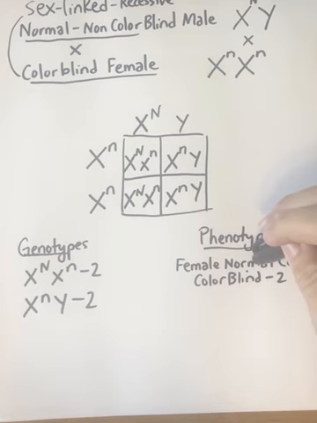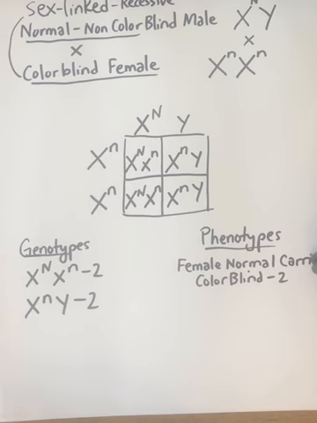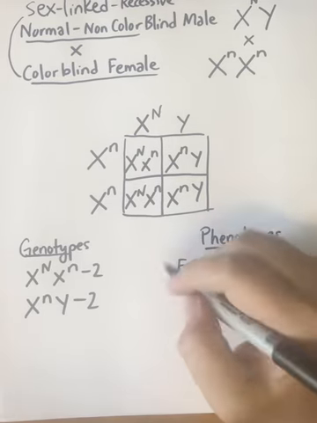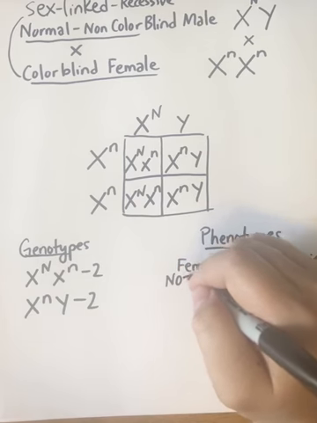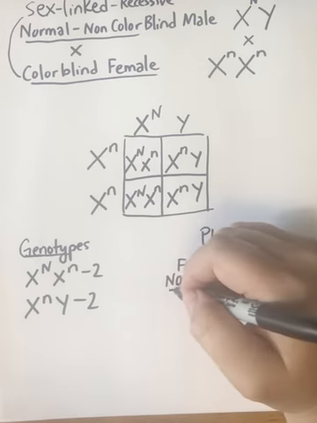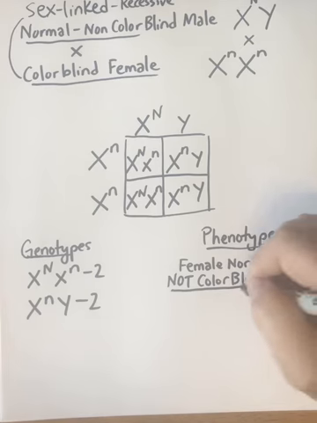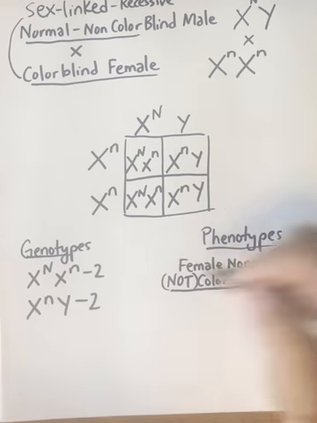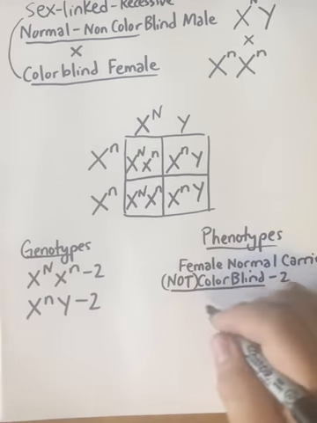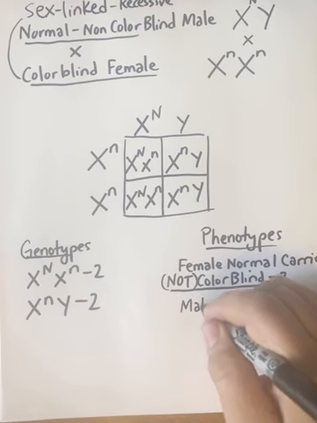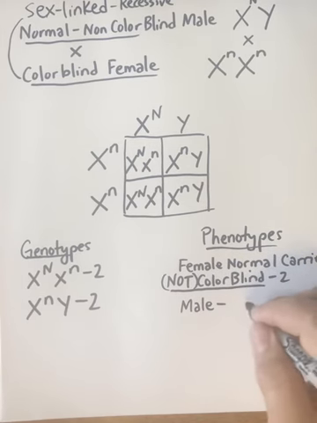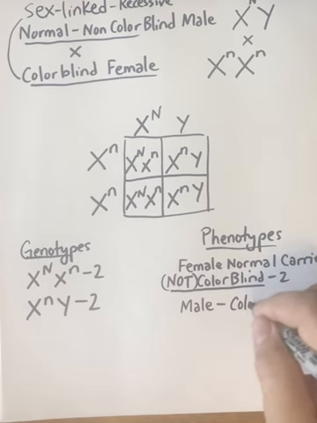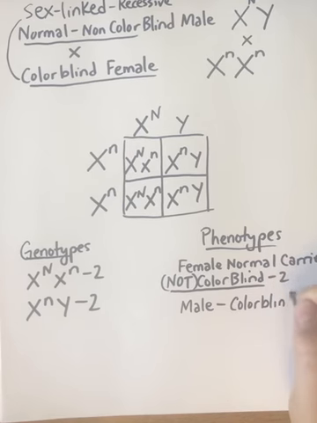They're normal, but because they are heterozygous, they're considered to be a carrier. These are not colorblind. They are a carrier for colorblindness, but they are not colorblind. Now your male, on the other hand, you're going to end up with 2 males. These are going to be colorblind because they have the recessive trait. So you would say 2.